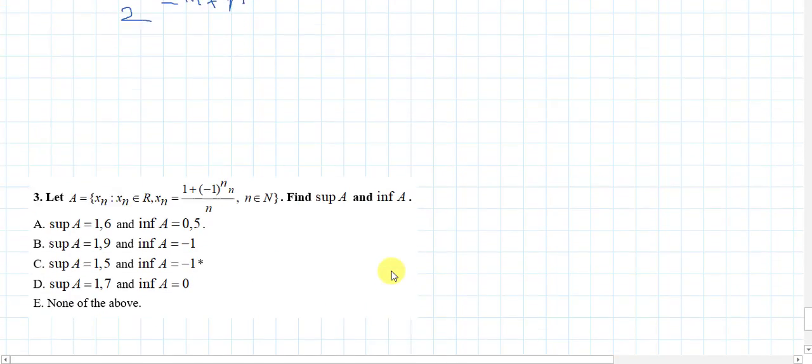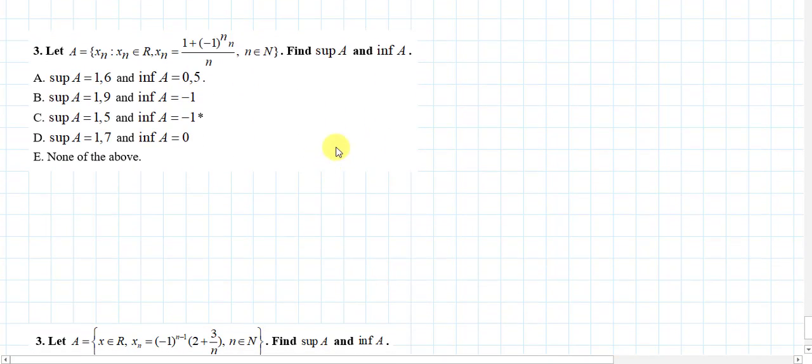Now let's consider the next example. Find again the supremum of the set A and infimum of A. Here the correct answer is C1. Let's solve this example now. If we pick n as 1, we have 1 plus minus 1 to the power of 1 times 1 over 1, so it is 0.